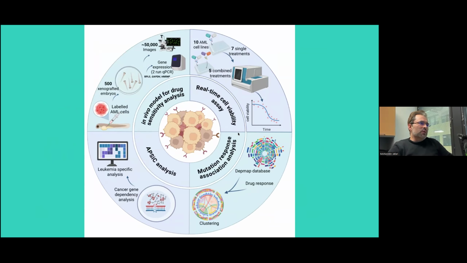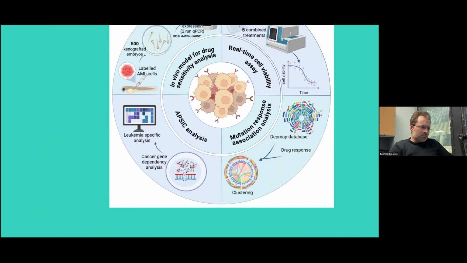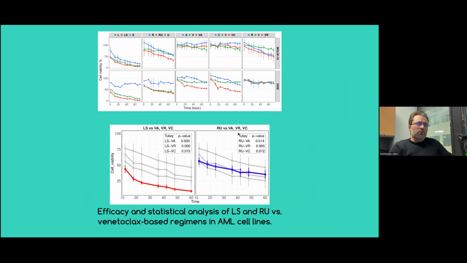Here we use zebrafish as an in vivo model, so xenograft zebrafish, and then we test our combination. Also, we use RTG to check whether the effect we observed at the CTG level is related to the time course, and how we can see that the behavior is decreasing or not.